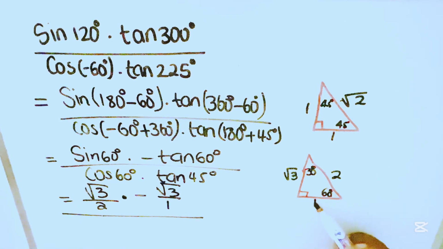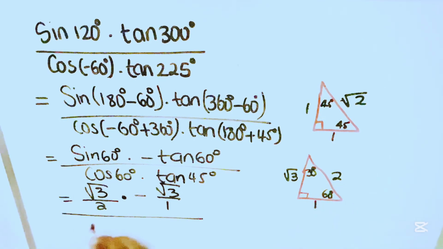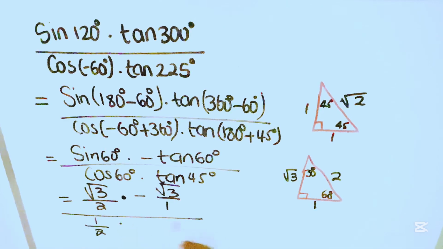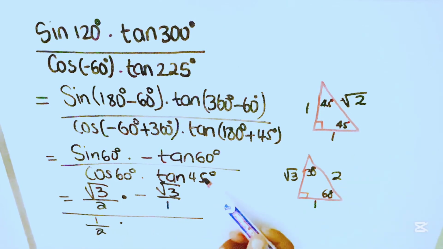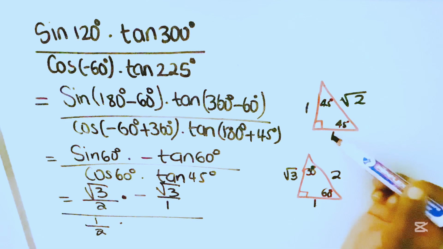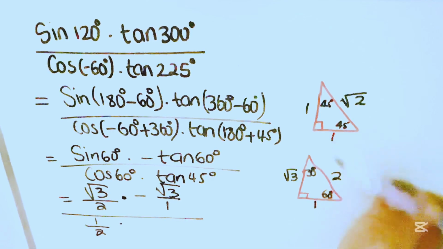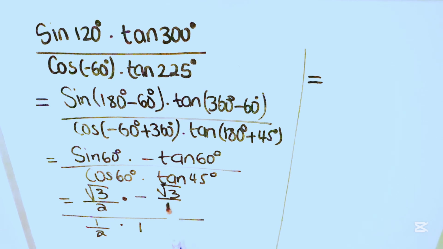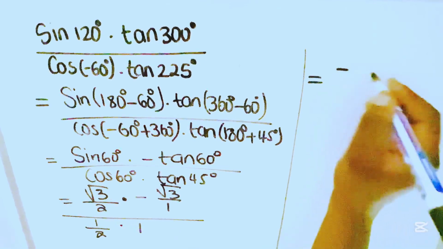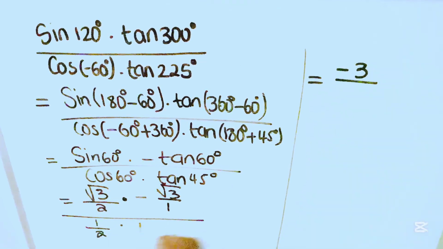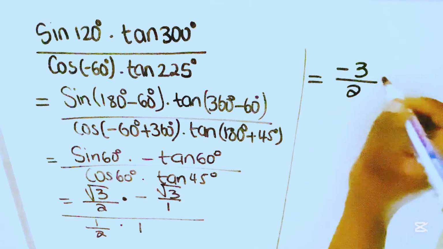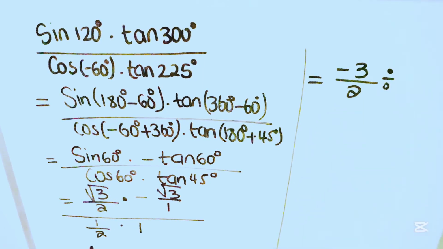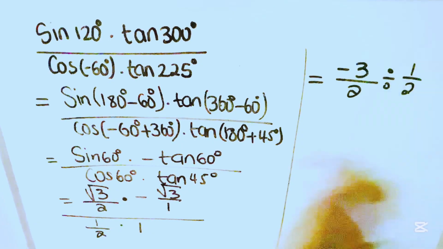Cos is adjacent over hypotenuse, 1 over 2, multiplied by, for tan 45, it's opposite over adjacent, so 1 over 1 will give us positive 1. Root 3 multiplied by negative root 3 will be negative 3. 1 times 2 will be 2, divided by 1 over 2 multiplied by 1 will be 1 over 2.